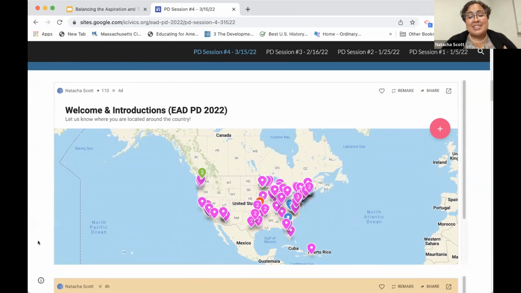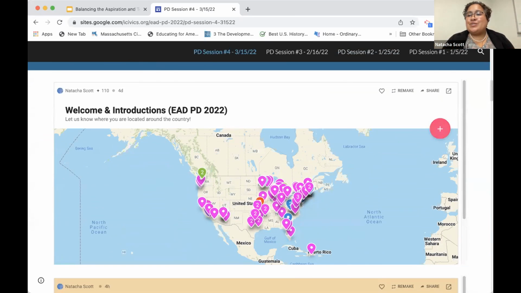We also have an amazing map. As we think of this project Educating for American Democracy, we've really been engaging people from across the country, which has been so exciting. So if you can, go ahead, add yourself to the map. And if you're back for a second, third, fourth time, we're so excited that you're here again. You know how this goes, but you can change your color on the map.